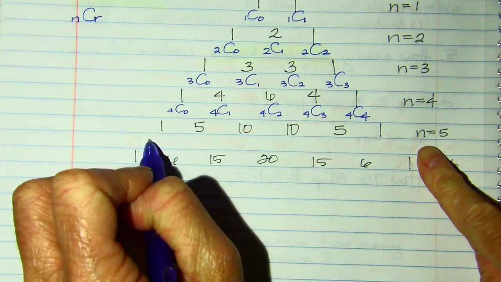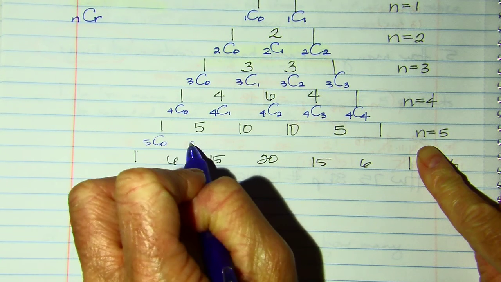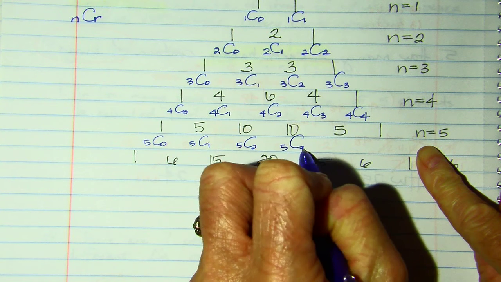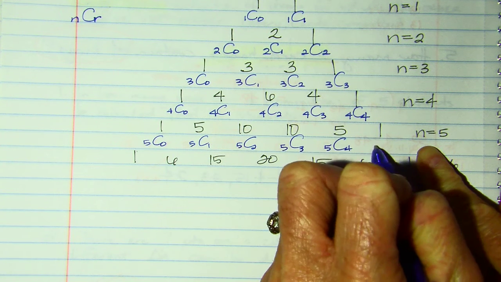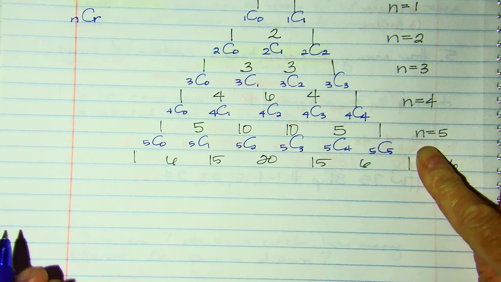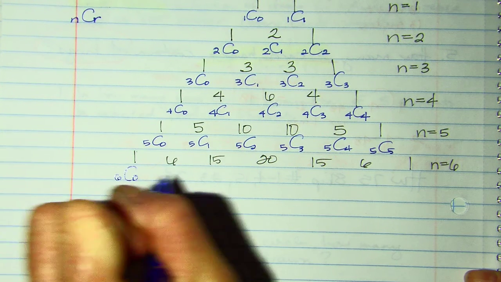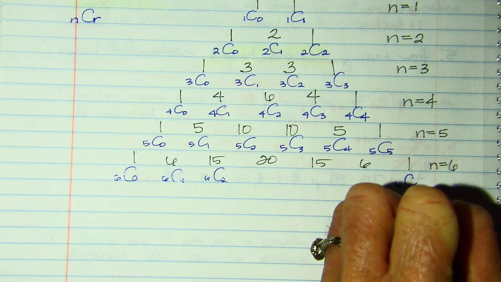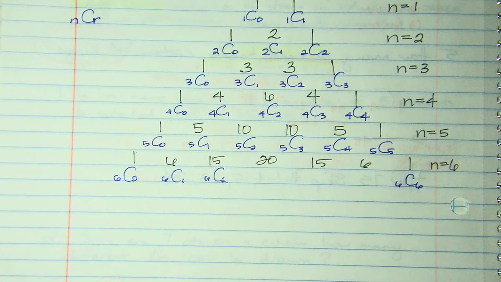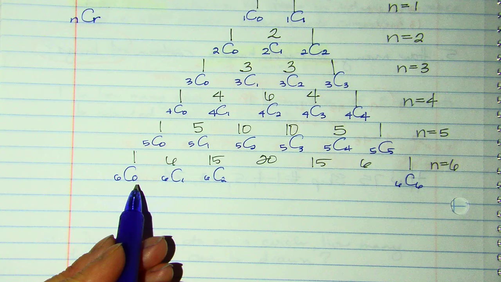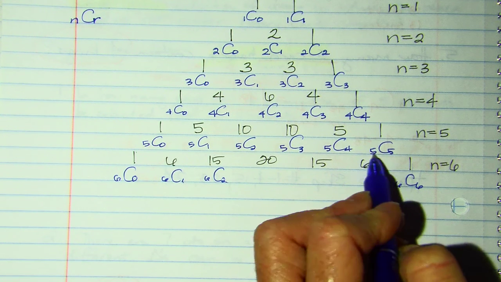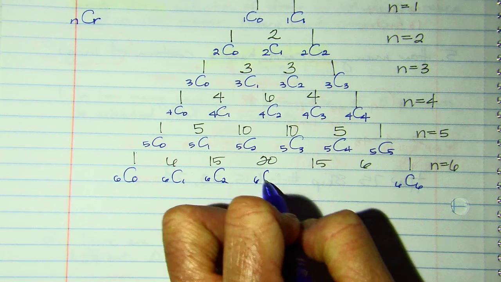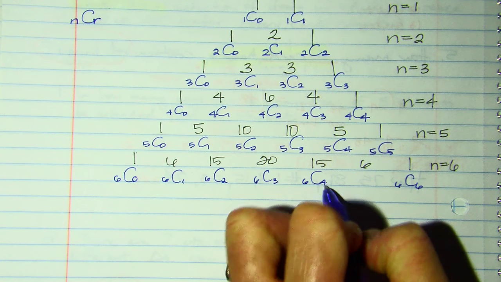Next row, you should start to see a pattern, 5C0, 5C1, 5C2, 5C3, 5C4, 5C5. And this would keep going. This is 6C0, 6C1, 6C2, all the way right to 6C6. So hopefully you see the pattern. Everything begins where r is 0 and it ends where these numbers are the same. Okay, so I'm just going to fill this in and then we're going to do a couple examples.